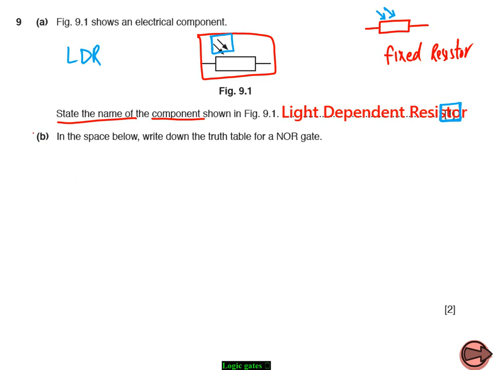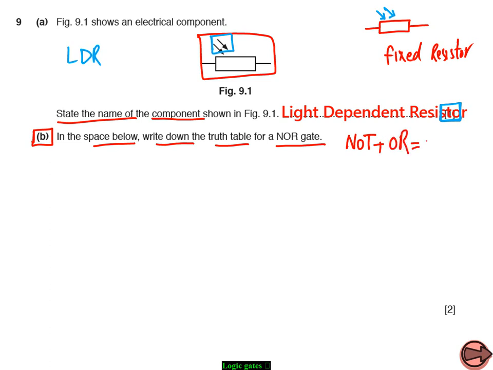Let's move on to part B now. Part B is simply asking us, in the space below, to write down the table for a NOR gate. The first thing we need to understand is that a NOR gate is a combination of two gates, NOT plus OR gate.